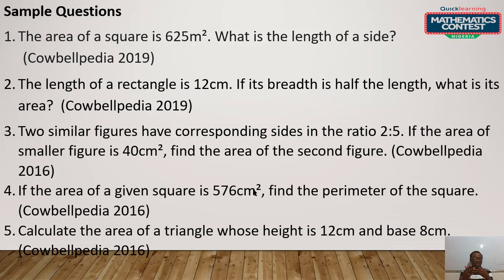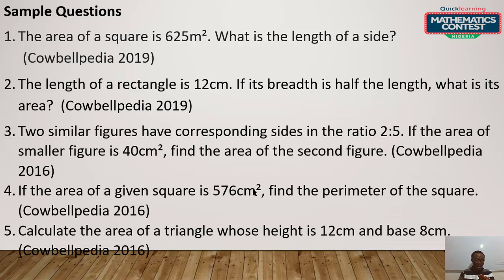Then the area of a parallelogram is the base times its perpendicular height. Now the areas of a kite and a rhombus are actually the same. The area of a kite or a rhombus is half multiplied by the first diagonal times the second diagonal. In other words, half multiplied by diagonal 1, diagonal 2.